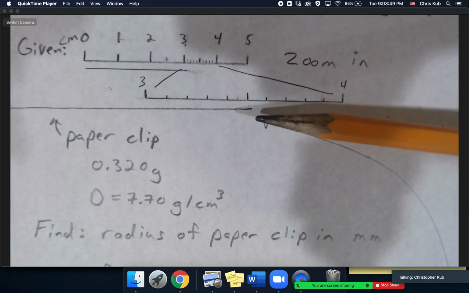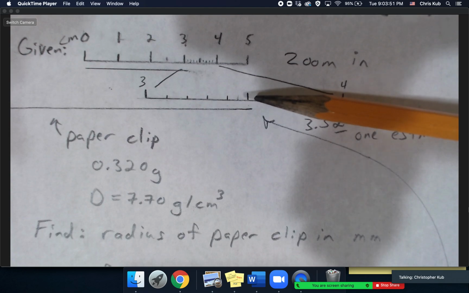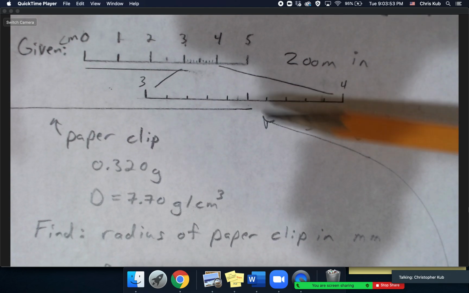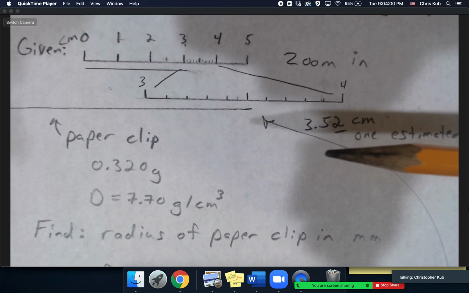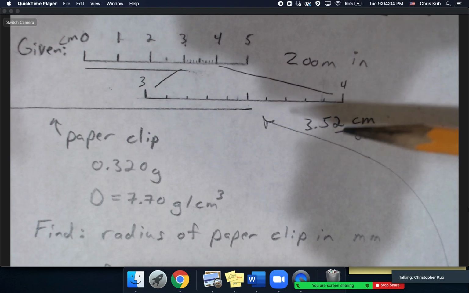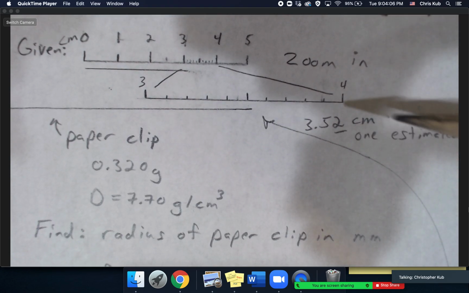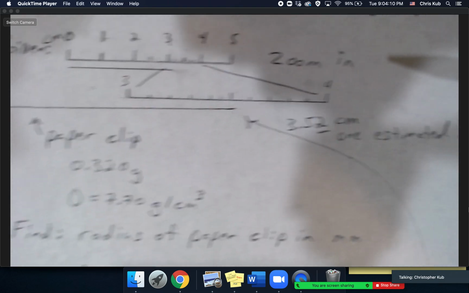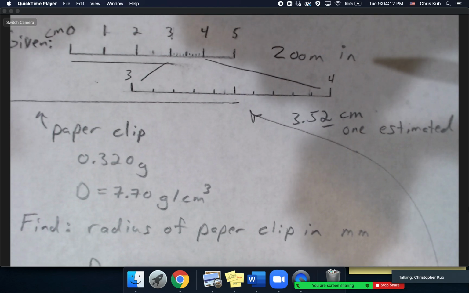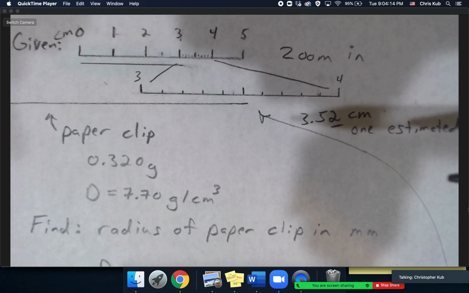So if we feel confident that this goes beyond that 3.5, then we know it's 3.5 something. We can add another estimated digit. Here, maybe we can call it 3.52. That too is our estimated digit. Always have one estimated digit. Okay, so now we've found the length of this paperclip.